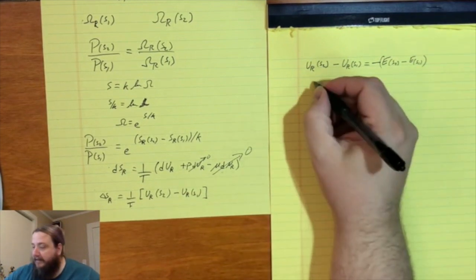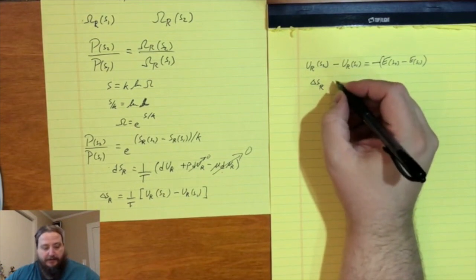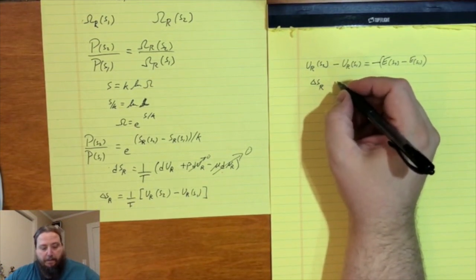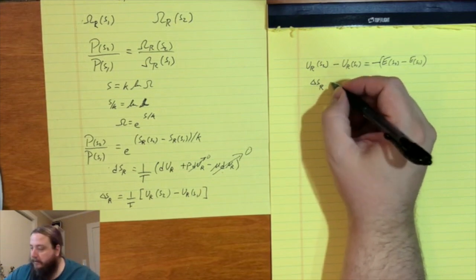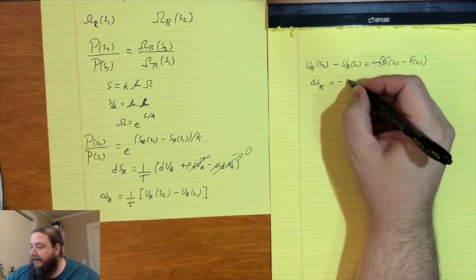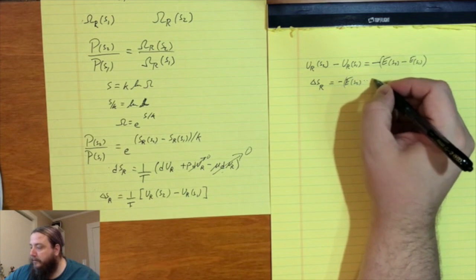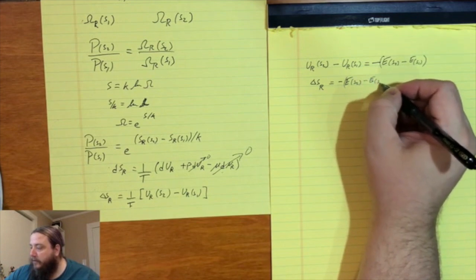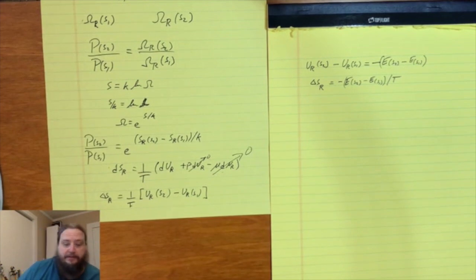then we can say that the delta S of our reservoir is equal to minus the energy at state 2 minus the energy at state 1, divided by the temperature.